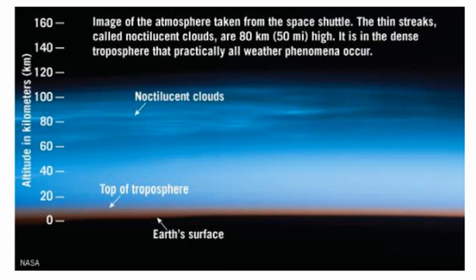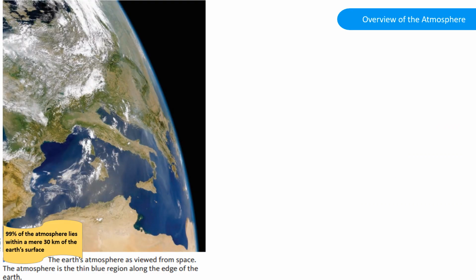The thin streaks called noctilucent clouds are 80 kilometers high, and it is in the dense troposphere that practically all weather phenomena occur. The troposphere is in our Earth's atmosphere, which we will check in more detail later.